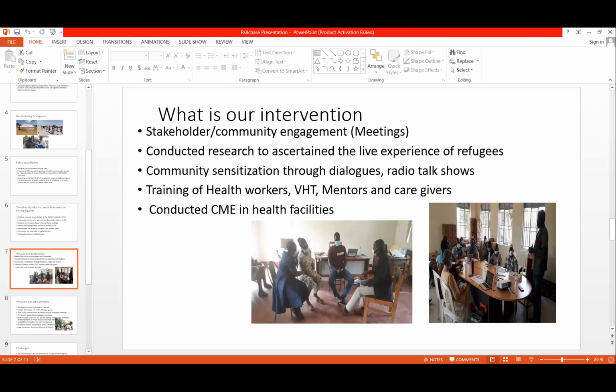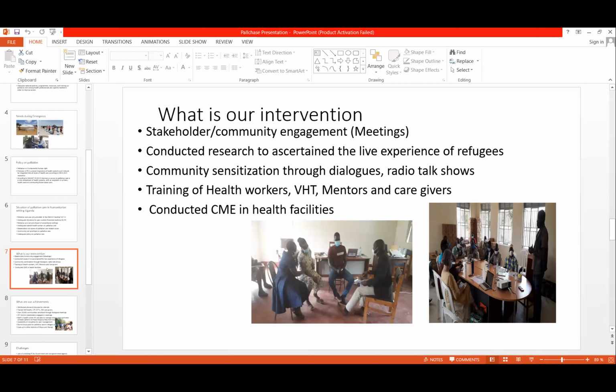Then we prioritized radio talk shows that over 24,000 or even 10,000 listeners listen to within our locality. Then we trained health workers, we trained VHTs, we trained what are called mentors, and we did not forget to train the caregivers, because the last breath will be taken at the hands of these caregivers.